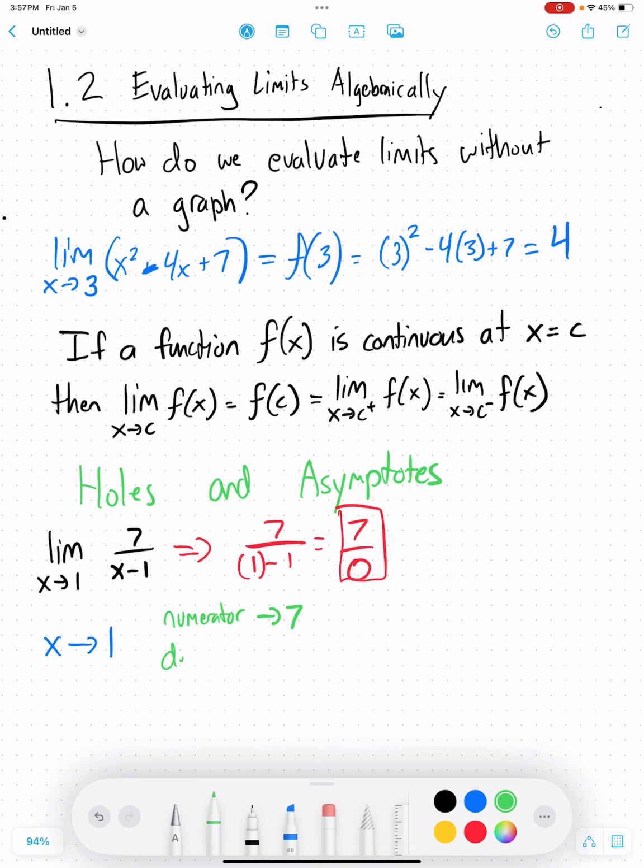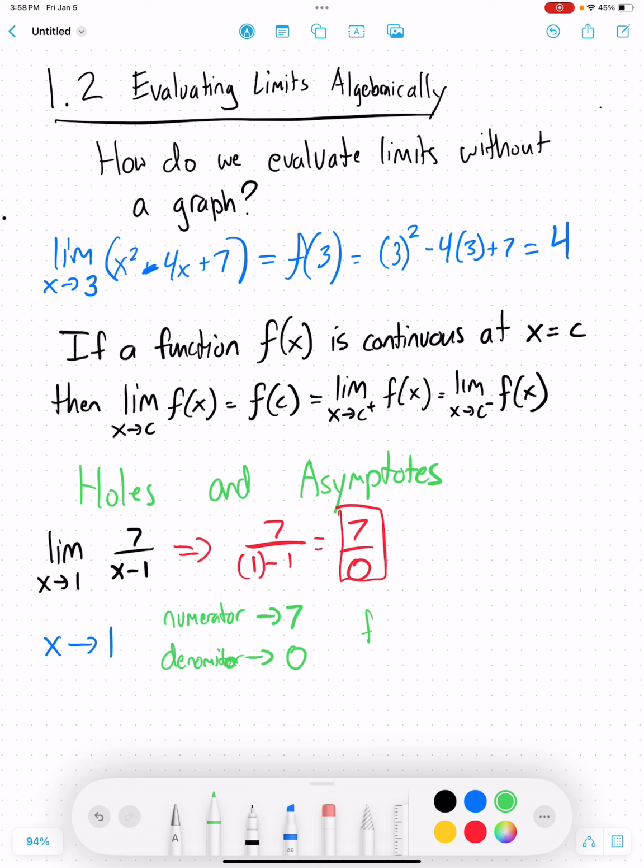And my denominator, what is my denominator approaching? My denominator is approaching 0. Oh, interesting. So my numerator is staying constant at 7, but my denominator is getting infinitely close to 0, which means the numbers are getting infinitely small. What happens to a fraction if you let the denominator get smaller and smaller and smaller?